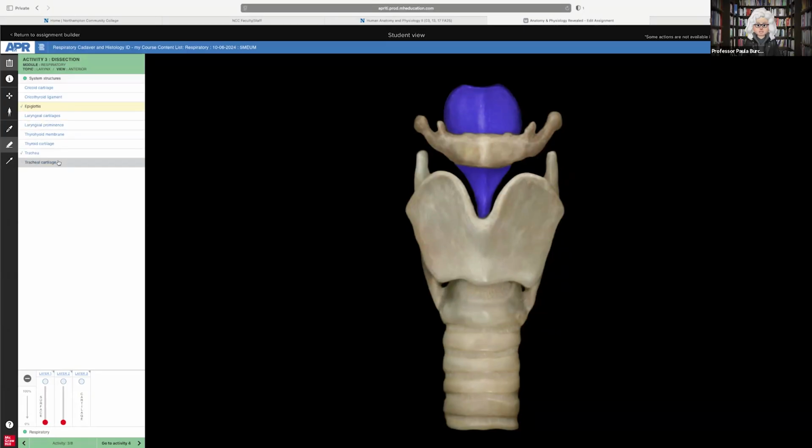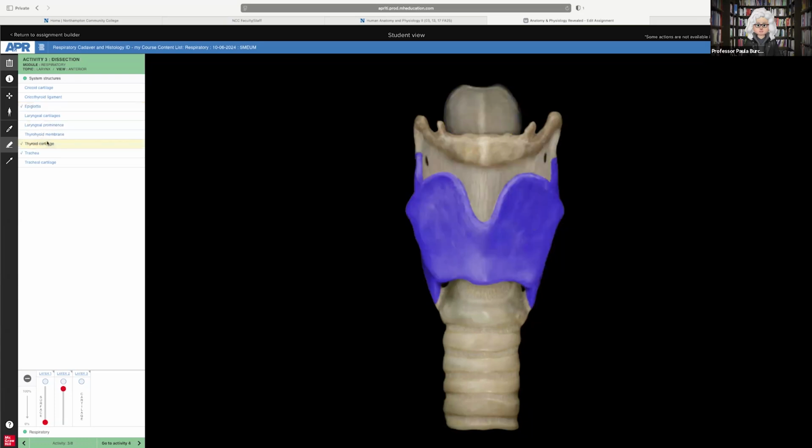In addition, you're going to have the large thyroid cartilage. That is a single cartilage, and again, this will be hyaline because the only one that is elastic cartilage is the epiglottis. You're also going to have a cartilage called the cricoid, which is a singular cartilage as well.